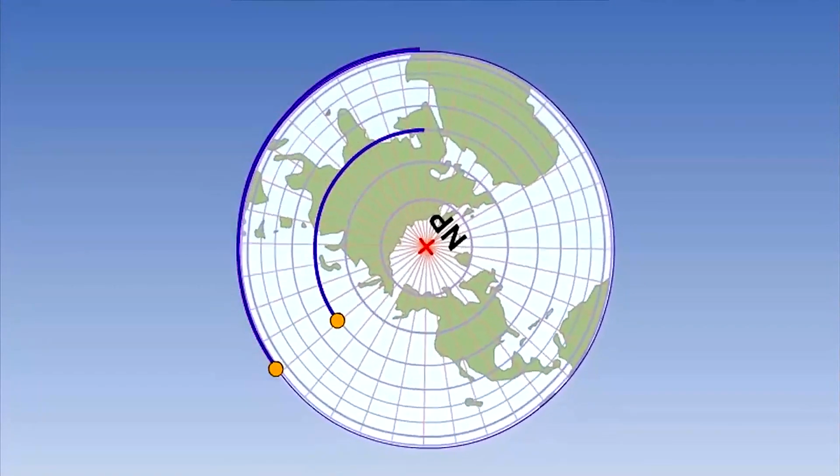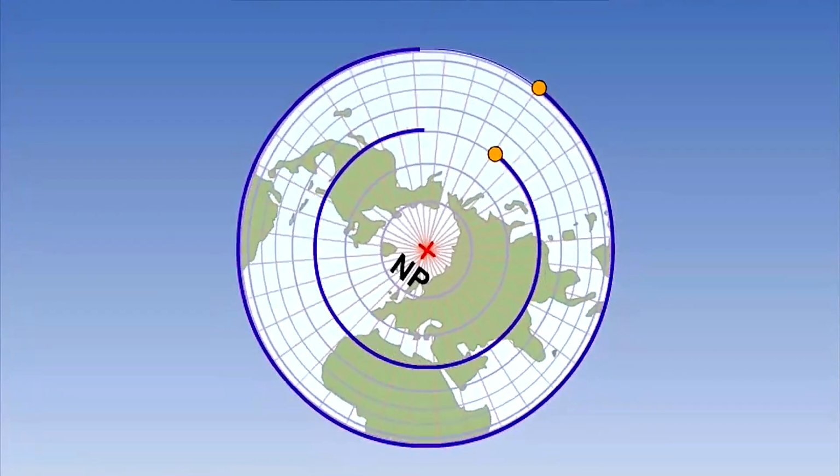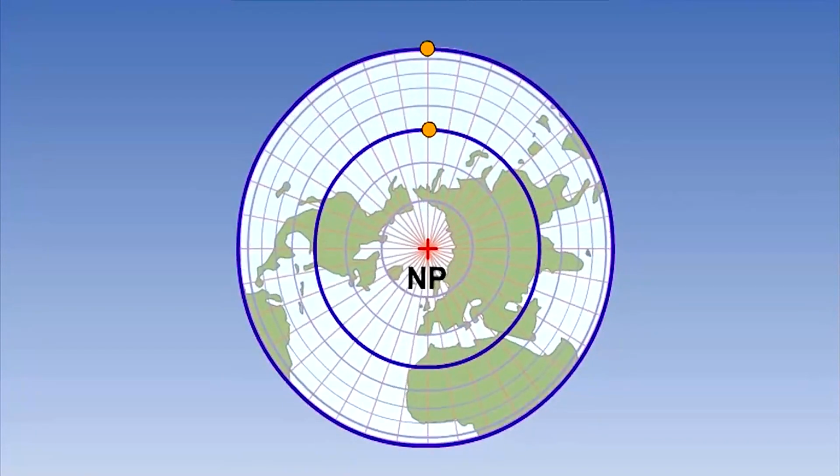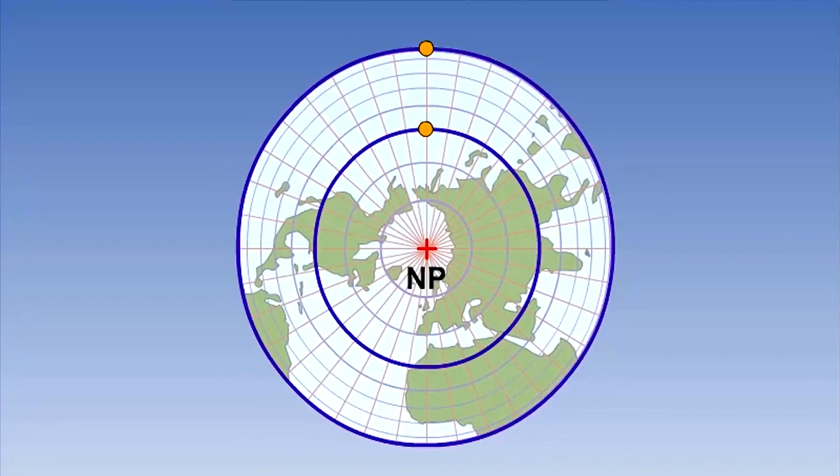As the Earth goes through one rotation, these two points return to their original positions within the same time period. But if we compare the distance that these two have traveled, then we see a significant difference.